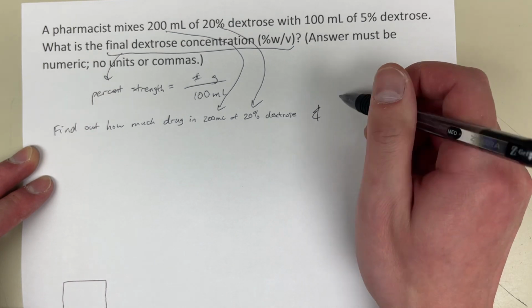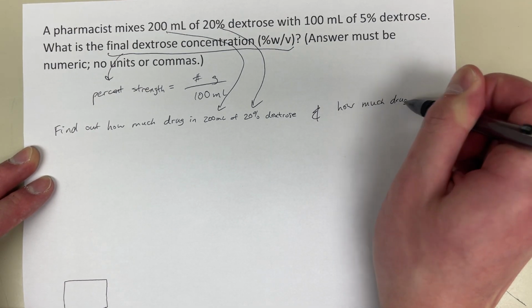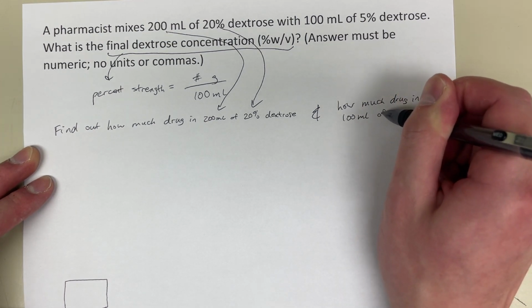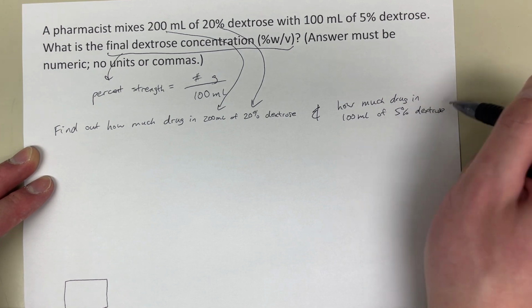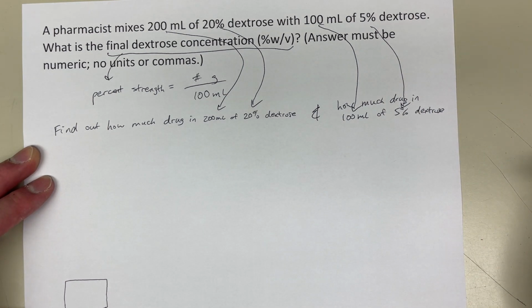And I also want to find out how much drug in 100 milliliters of 5% dextrose. Okay, that's where I got those numbers from.